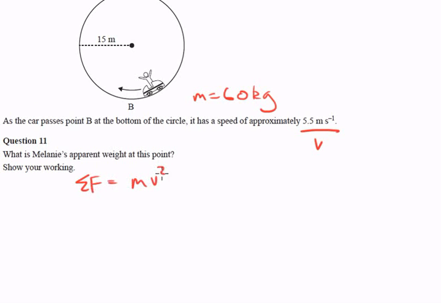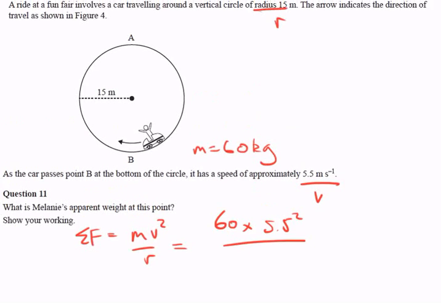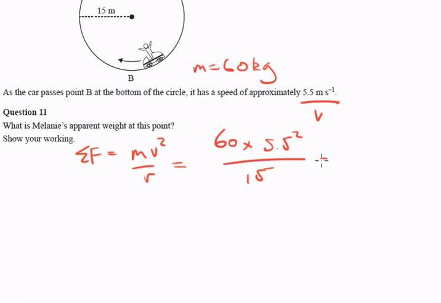Now in a circle it's always mv squared over r. So total force is 60, that's her mass, velocity is 5.5 squared, and the radius is 15. You do that calculation, you get 121 newtons. So that's a total force, 121 newtons, and if she's at the bottom here, B, that's towards the centre.